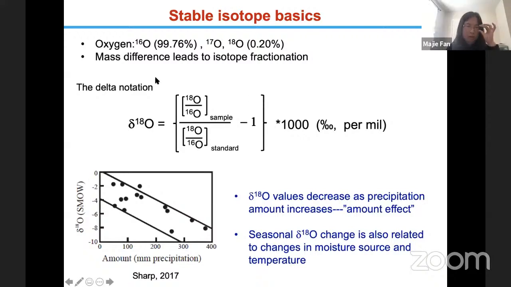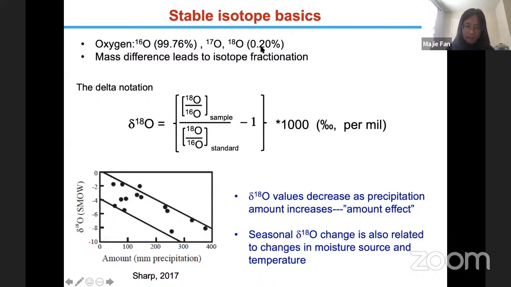Basically, oxygen has 3 isotopes, and oxygen 16 is the most dominant one, which has a slightly smaller mass compared to the other one we're going to be looking into, which is oxygen 18. This mass difference between oxygen 16 and oxygen 18 leads to isotope fractionation between two phases, for example, precipitation and a cloud or vapor, and also between water and carbonate minerals.